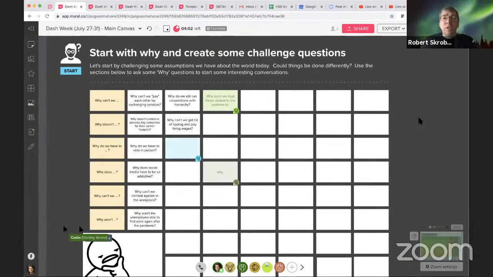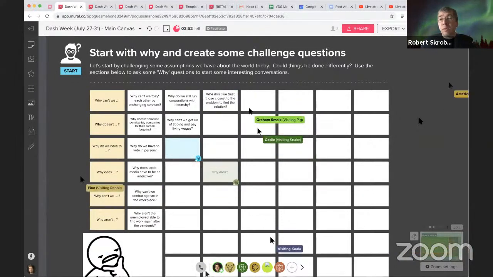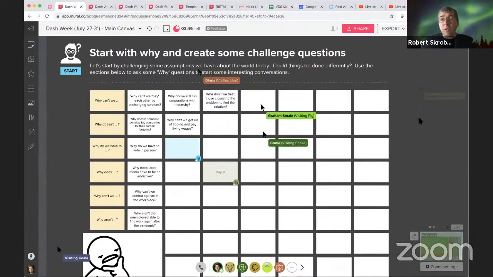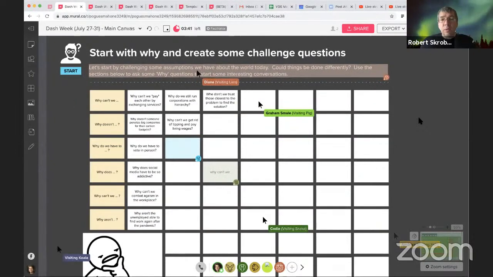You could take inspiration from what others put here. If you see another question that someone else has done, you can always just take that and say, well, actually I got a variation of that one, and just change a few words or change the focus. So you can bridge off of what people do, at least in this open-ended exercise.